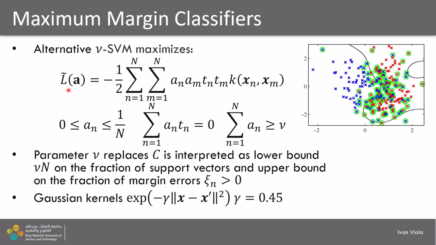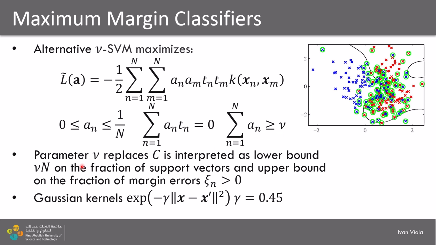One of the variants is that the Lagrangian is formulated only with this part, so it doesn't have the sum of a_n as the first component, and then a_n is constrained to be between 0 and 1 divided by N. There is also another constraint, bringing in this new parameter: the sum of the a_n is bigger or equal to nu.